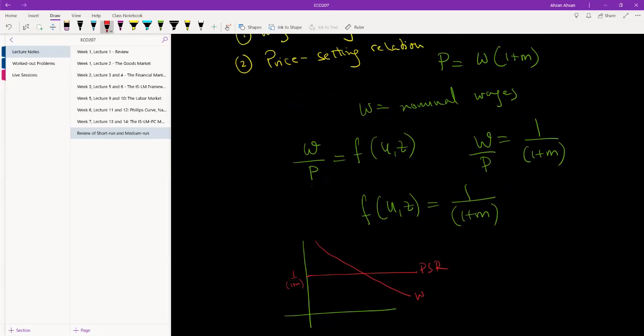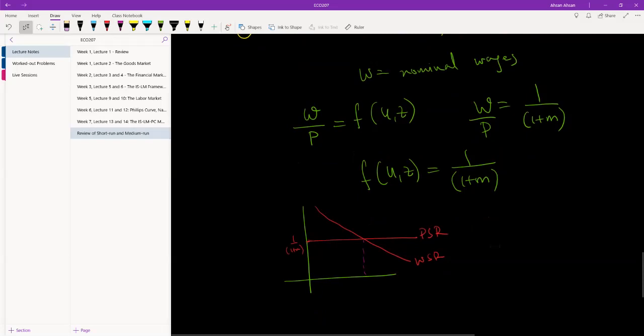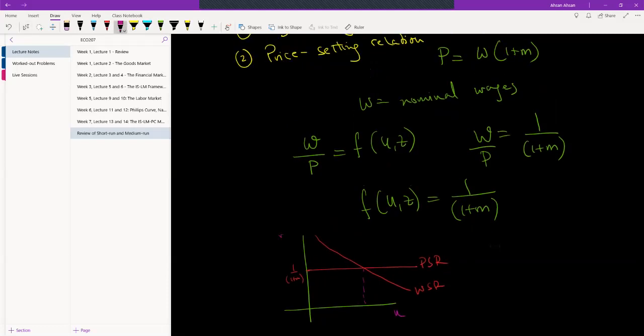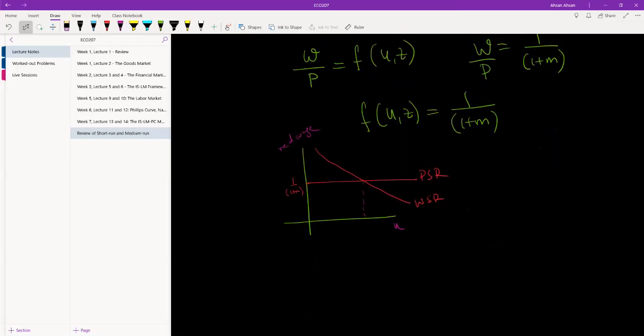And this is the wage setting relation. And we had the equilibrium. So over here we have unemployment, and over here we have real wage, right?